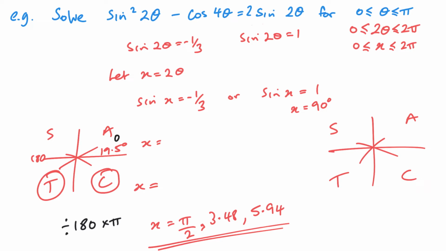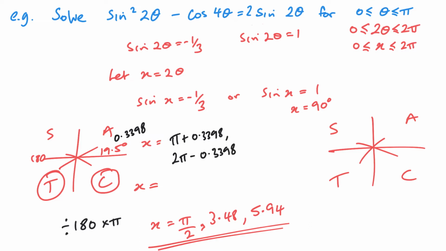So here we would get 0.3398, and then it's pi plus 0.3398. Of course, I would use the full value of this, and 2 pi minus 0.3398.